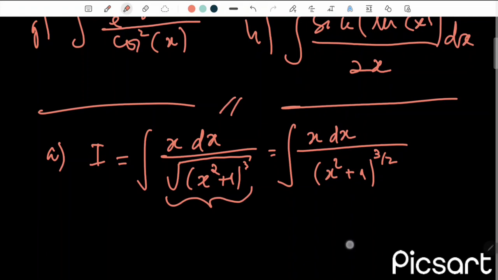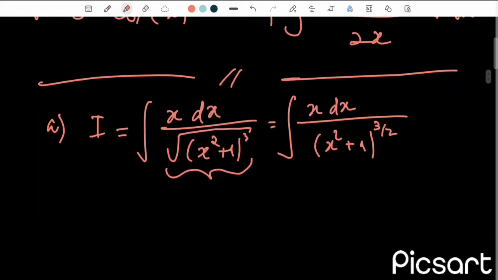On the other hand, we can see that the derivative of this argument x squared plus 1 is very similar to the numerator that we have here.